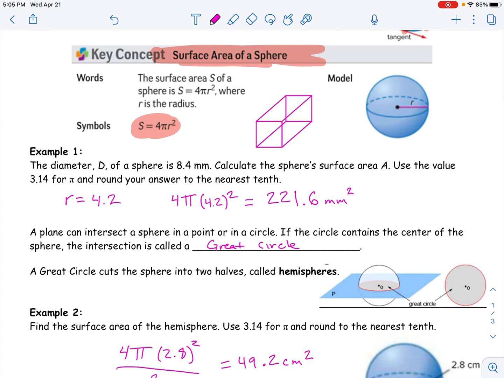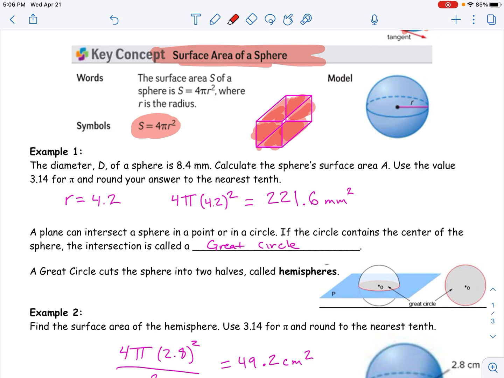If I was getting wrapping paper for it, I would look at how much paper I would need on the top, how much on the side, and then the same thing on this side, and then the bottom, and then the back part, and even this side, right? So we would have to look at all of that information to figure out how much wrapping paper we would need.